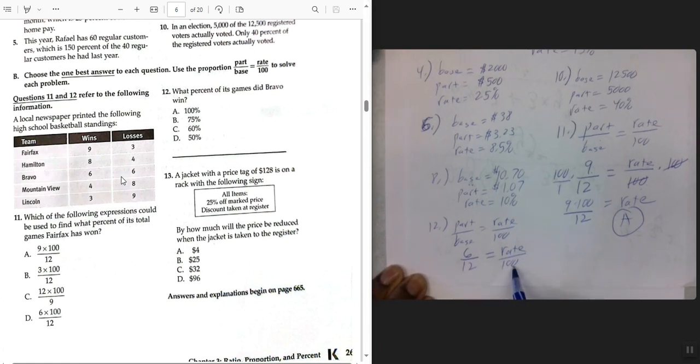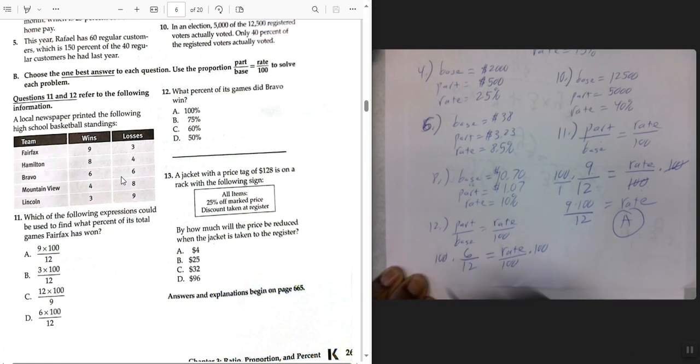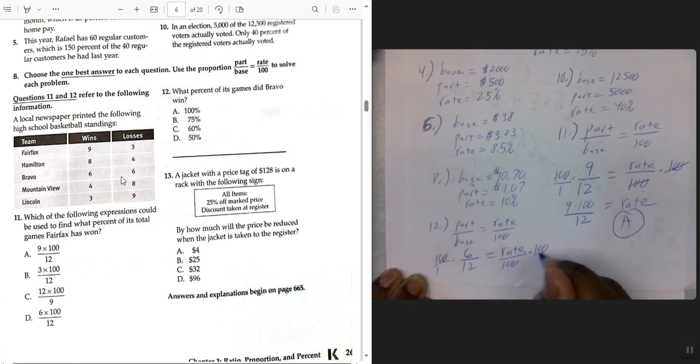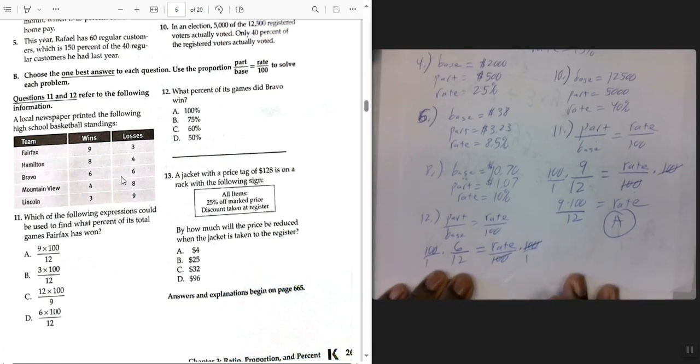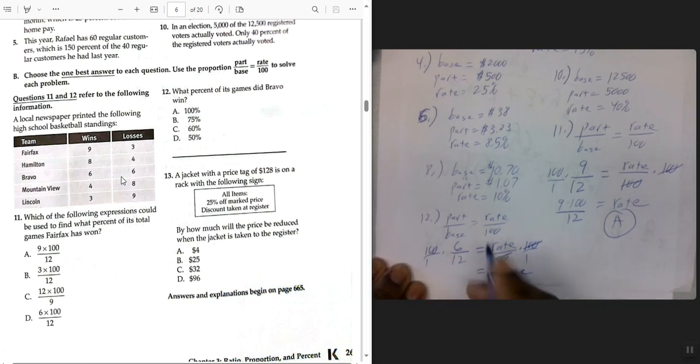So we need to get rid of this 100, and we get rid of it by multiplying by the opposite operation of what's connecting this 100 to the rate. So division becomes multiplication. So we'll multiply each side by 100, and we can make that 100 over 1. So these 100s will simplify out, and you will have rate equals 100 times 6 is 600, 1 times 12 is 12.